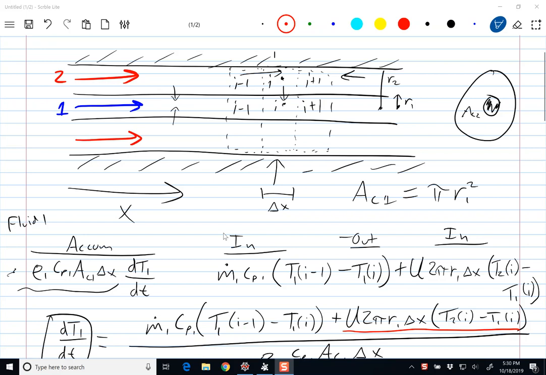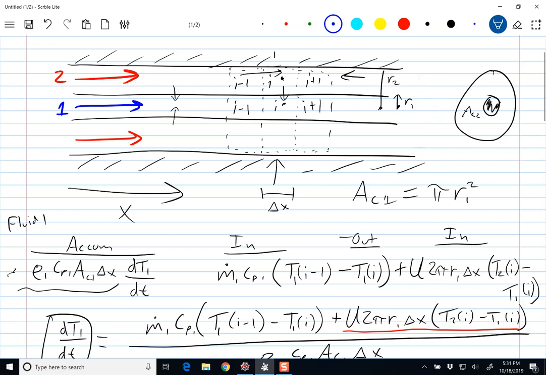This particular configuration is considering parallel flow, where both fluids on the outside and the inside are flowing in the same direction. By contrast, in a counterflow heat exchanger, you would have fluid flow going this direction for one of the fluids and this direction for the other fluid. So that's called a counterflow heat exchanger.